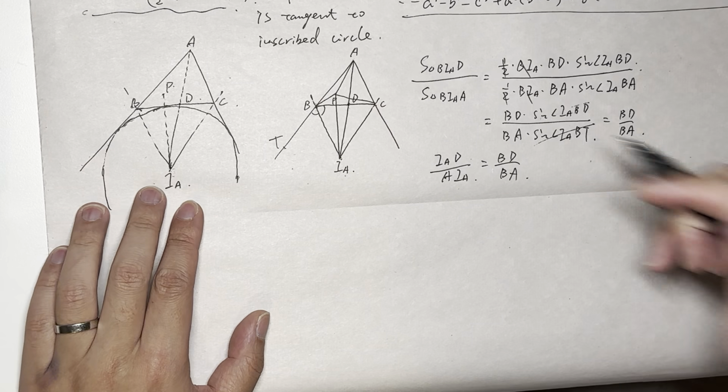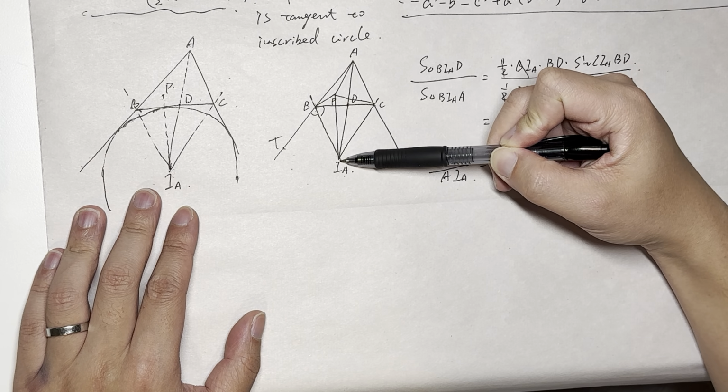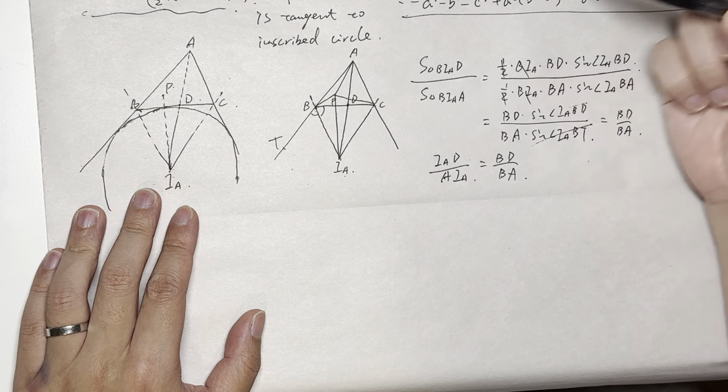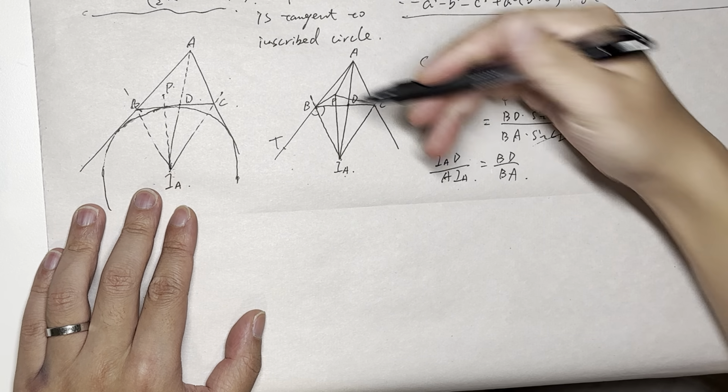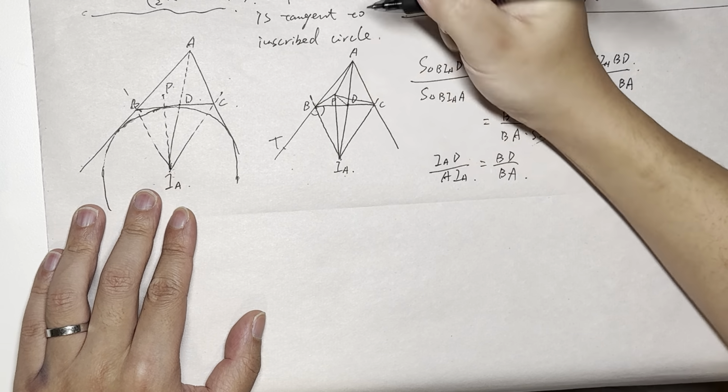So we're trying to find PIA squared, right? The first thing we're looking for is what we can get from IAD to AIA. We can find this ratio, which means for the PD square, we can use this triangle PIA to calculate it, because we find the IAD to AIA.